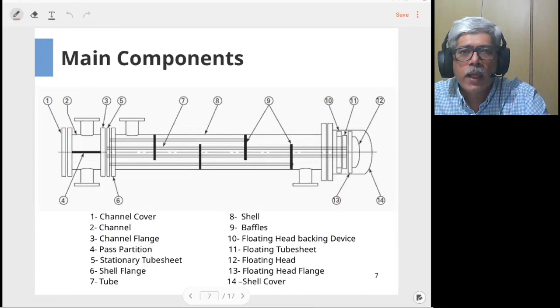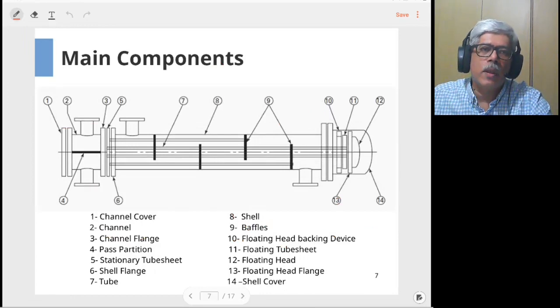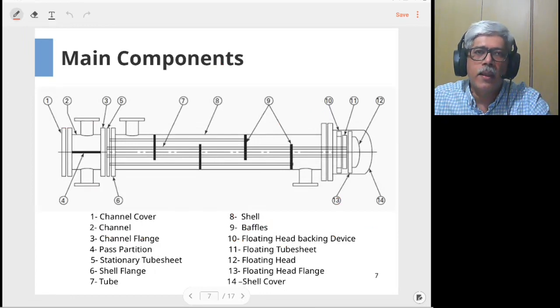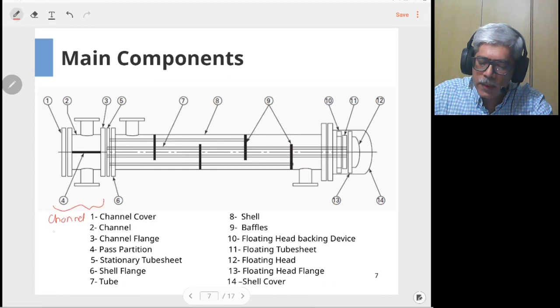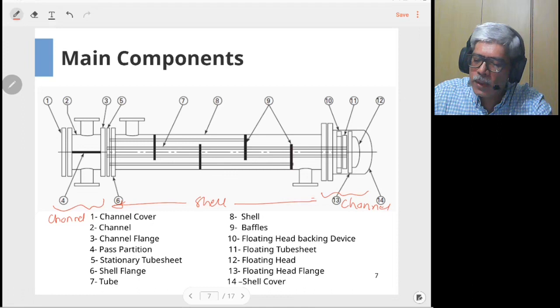Let's have a look at major parts of a heat exchanger and understand the terminology which is used for defining the heat exchangers. As I mentioned earlier, you have the channel side which connects to the inside of the tubes. So there is an inlet channel and an outlet channel, and in between you have the shell which is surrounding the tube bundle.